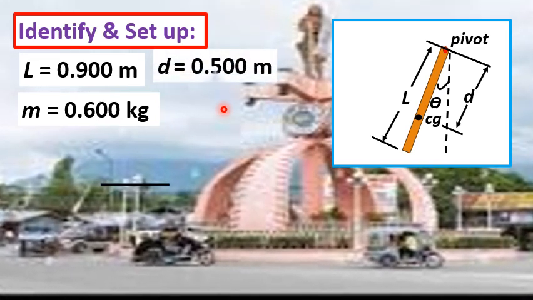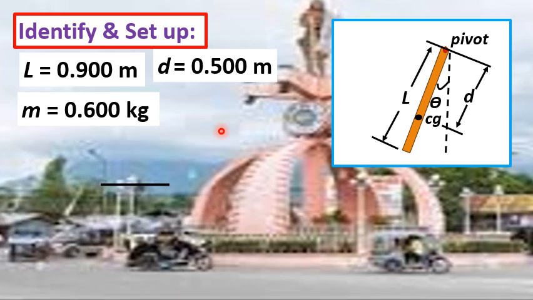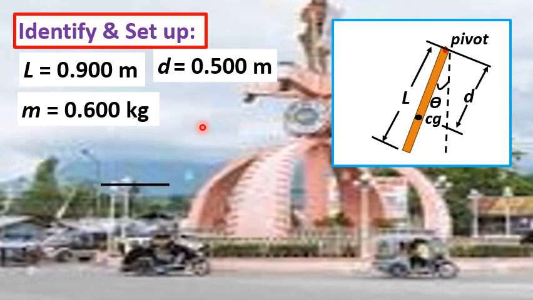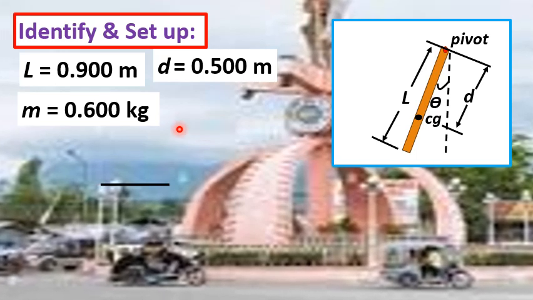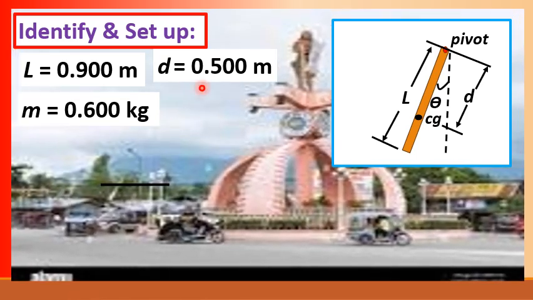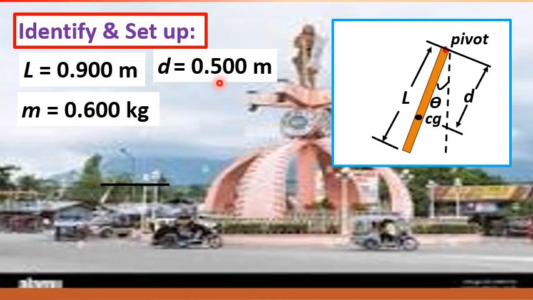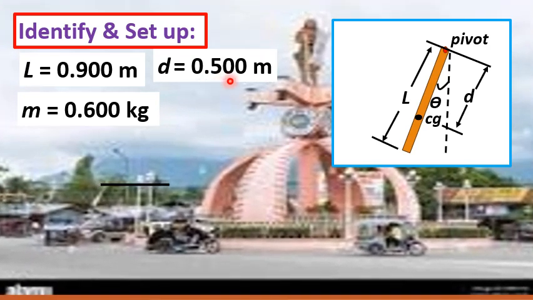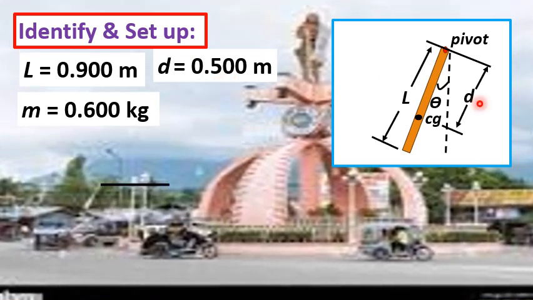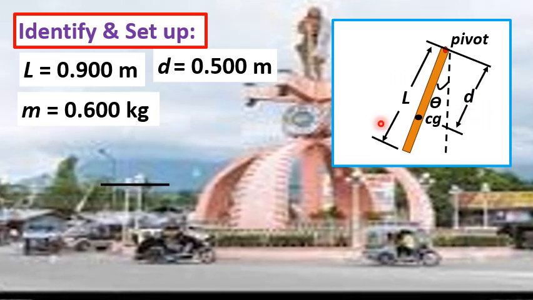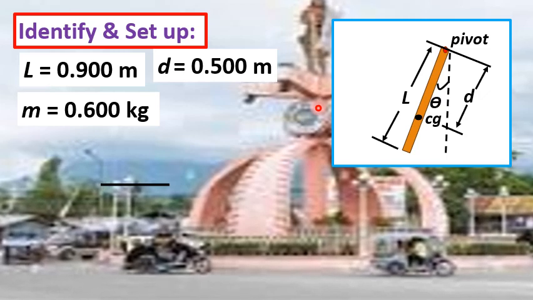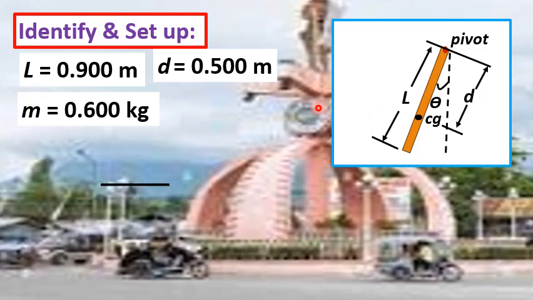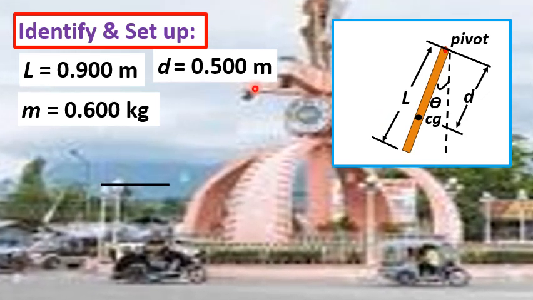The rod is pivoted at one end and the distance of its center of gravity, denoted here as small letter d, is 0.500 meters from the axis of rotation. This suggests the oscillating body is a non-uniform rod.